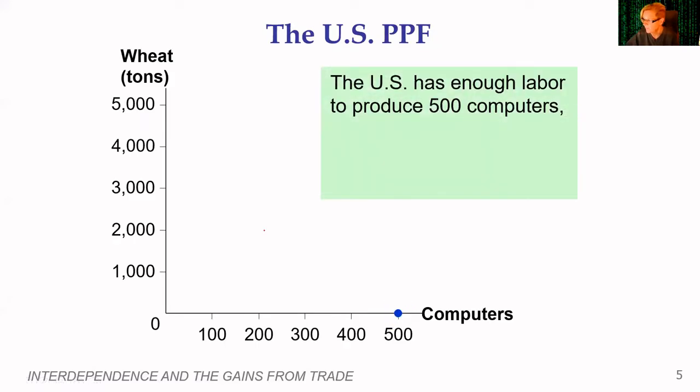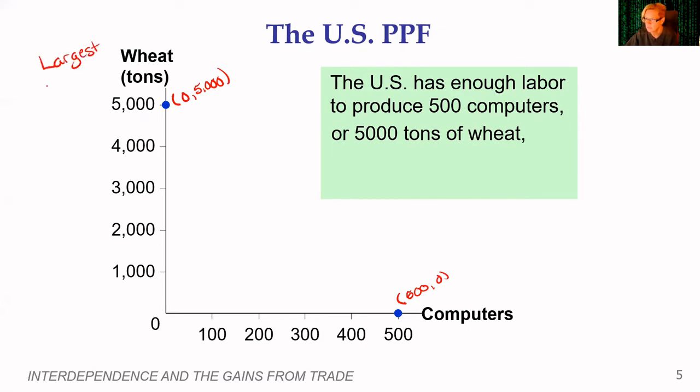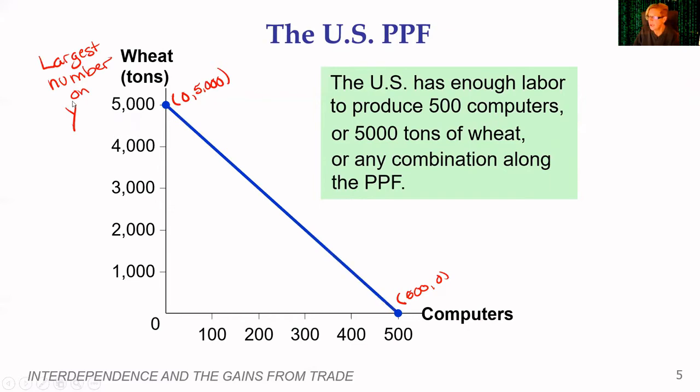There's our plot of 500 and 0 down here, and here is our plot up here of 5,000. Notice that wheat is on the y-axis. Why? Because when we just did the calculations in the previous slide, wheat was the largest number. Now we can connect those two, and that becomes our production possibilities frontier of wheat and computers.